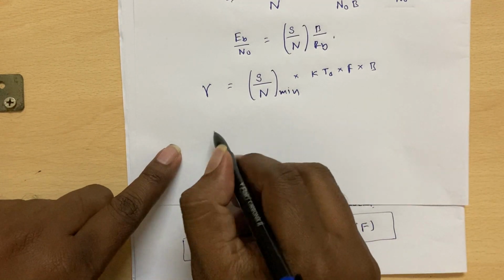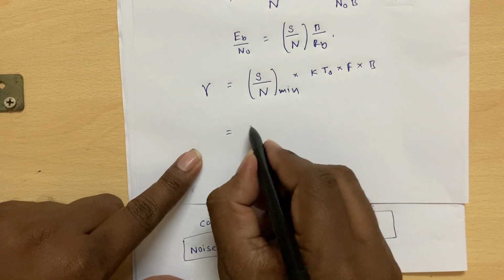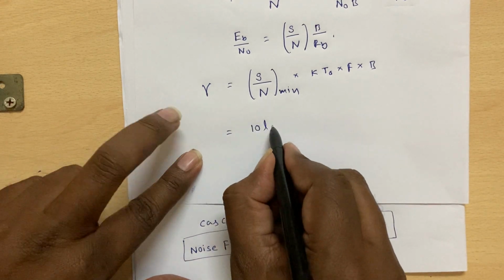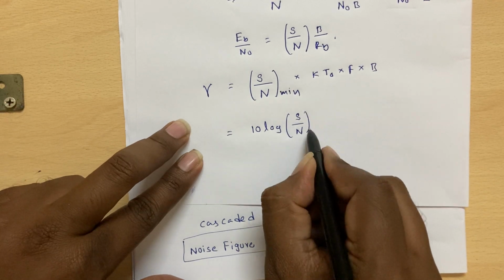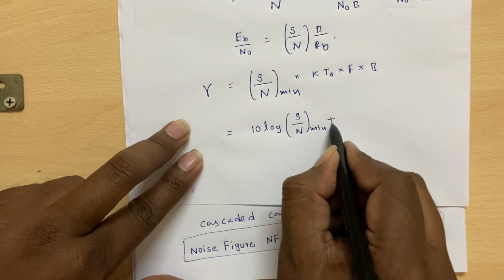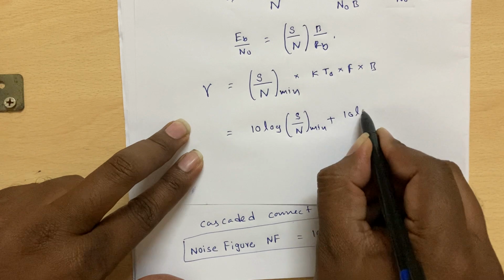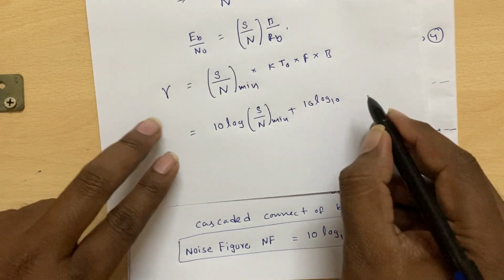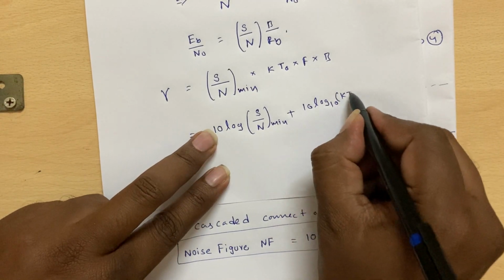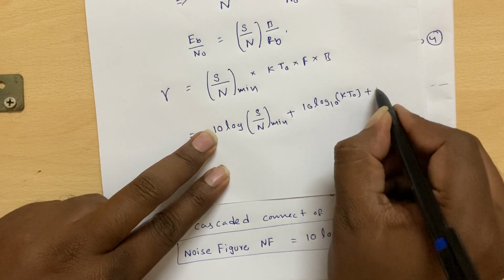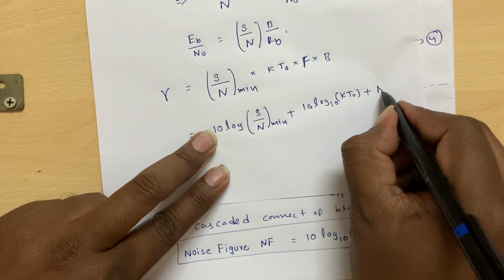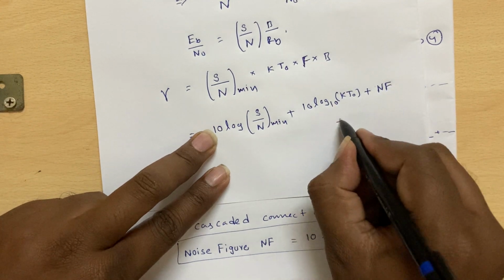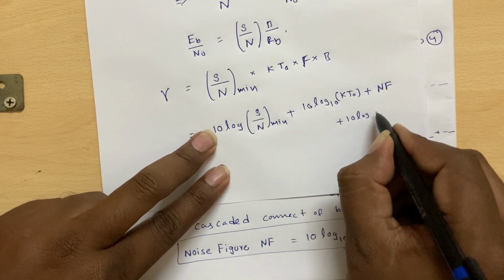So SNR can be taken into dBs, 10 log S by N minimum plus 10 log of K T naught plus F in dB, which is the noise figure NF, plus 10 log the bandwidth.